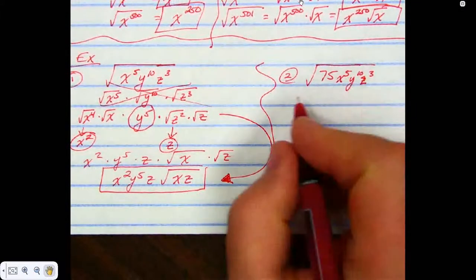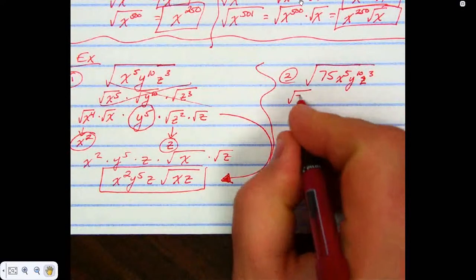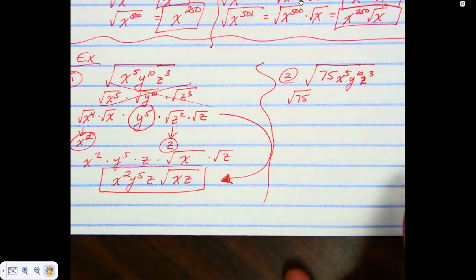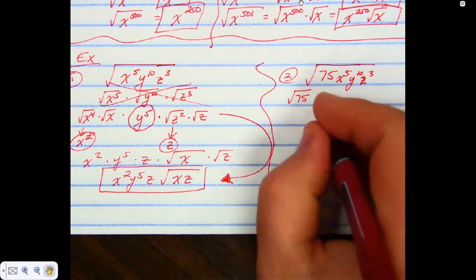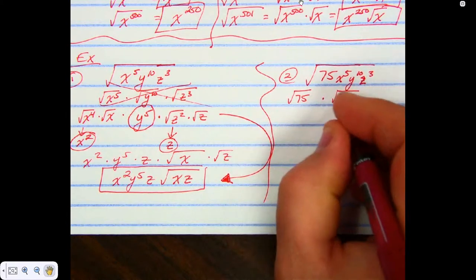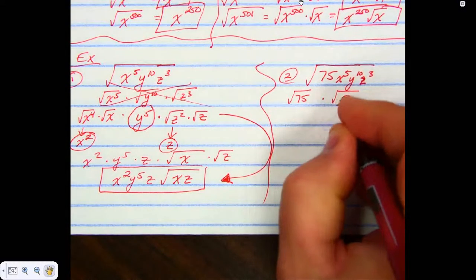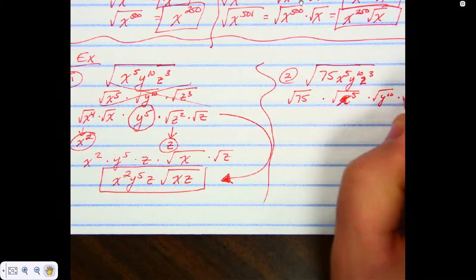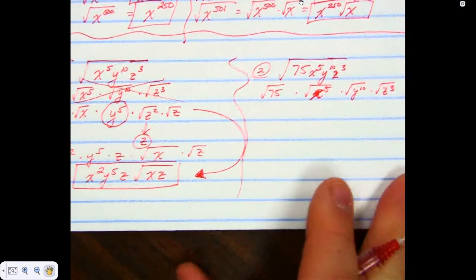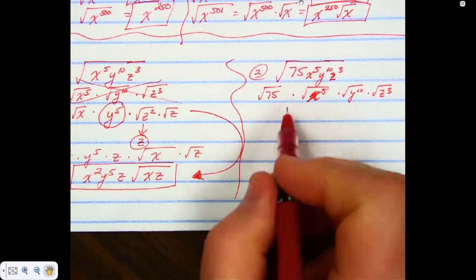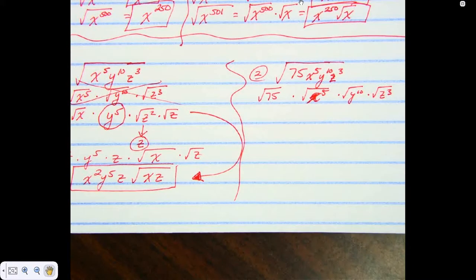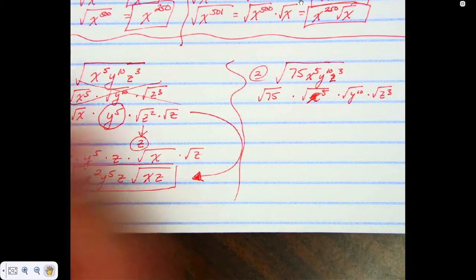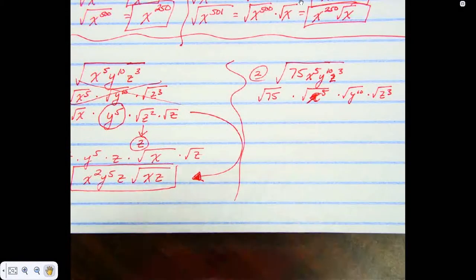So as far as what type of problem this is, the only thing that changed is I'm going to do a problem like this, which is from the ones we have been doing, right? And then I'm going to simplify x to the fifth, y to the 10th, and z to the third, right? Think of it like this. Like I said, it's just four problems in one, isn't it? Think of them separately, then combine them.